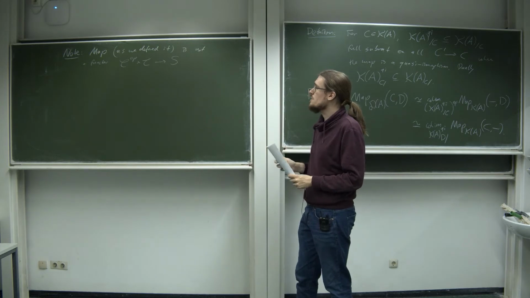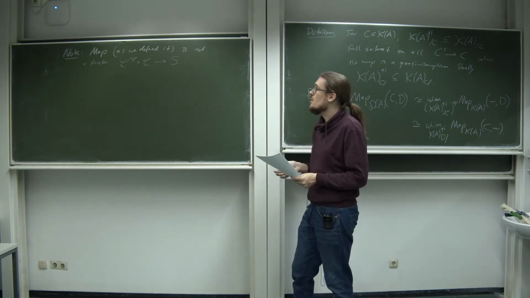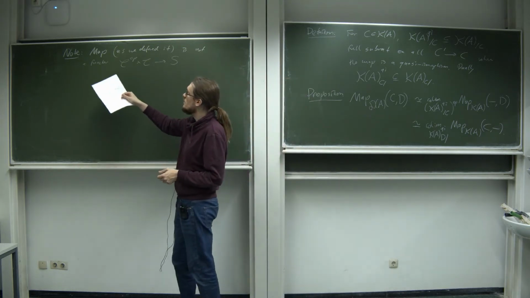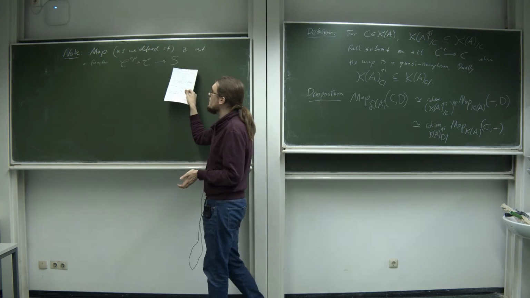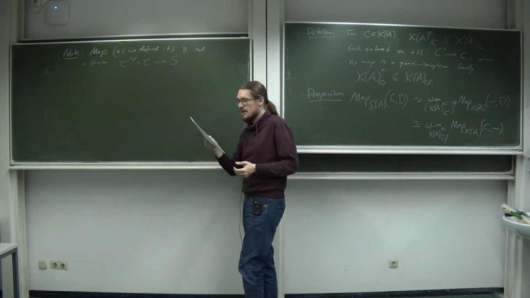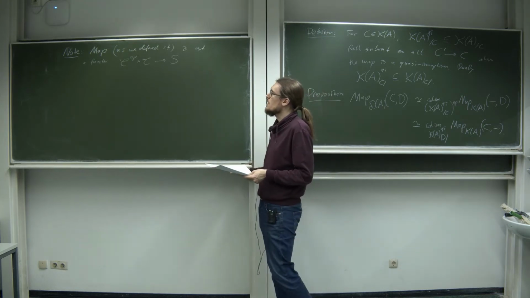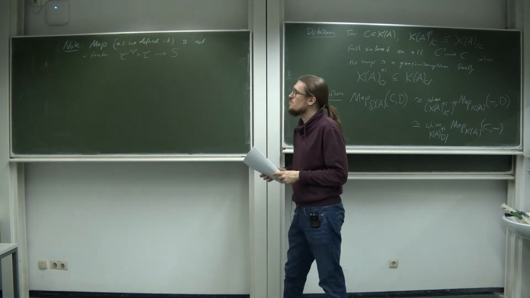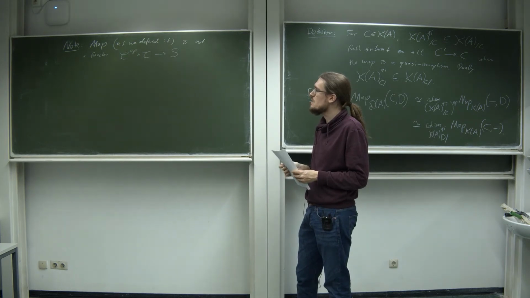In general, there is some somewhat involved machinery of turning the mapping space into an actual functor. And that's called straightening. It's somehow a large part of the technical difficulties in working with infinity categories.